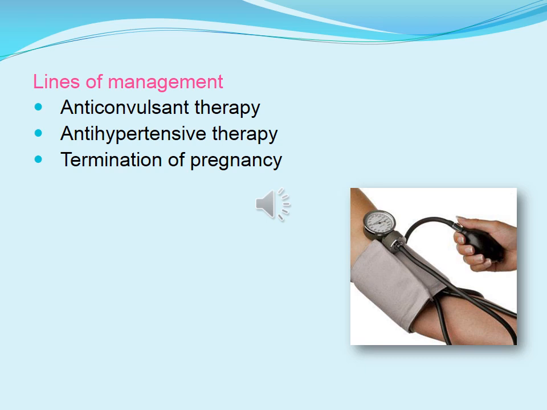So first we stop the fit, then we lower the blood pressure, and lastly we remove the cause of this pathology by termination of pregnancy. This is the main goal in the management of severe PE.